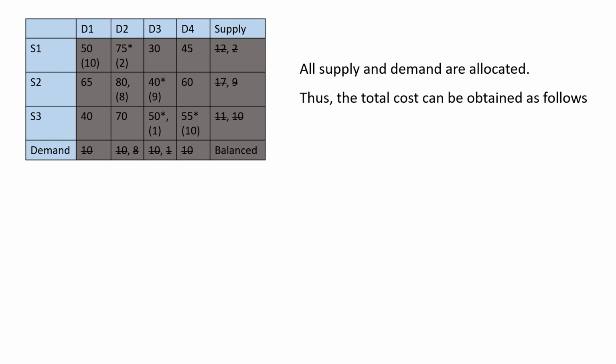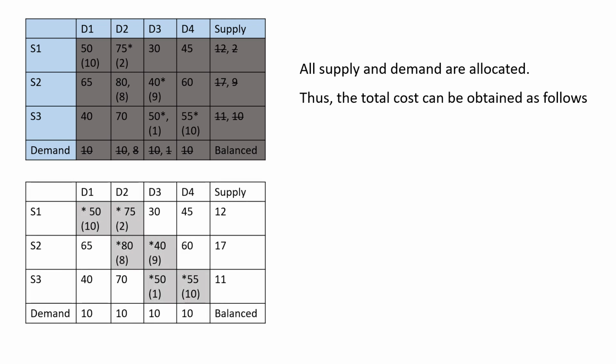Thus, the total cost can be obtained as follows. We just multiply 50. We remember that 50 is the per unit cost, and 10 is the number of items to be transported.